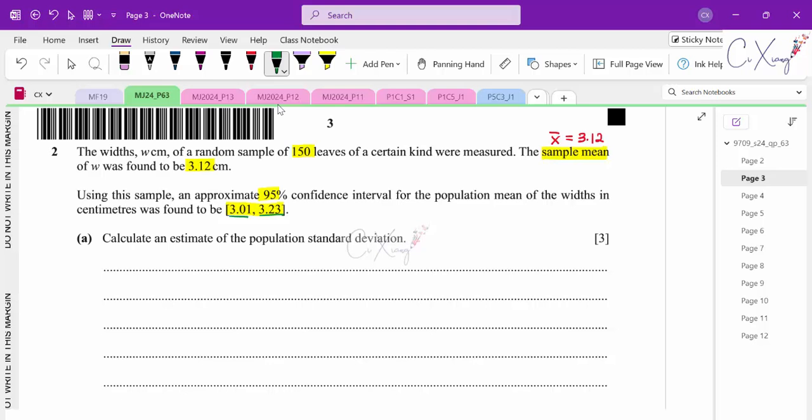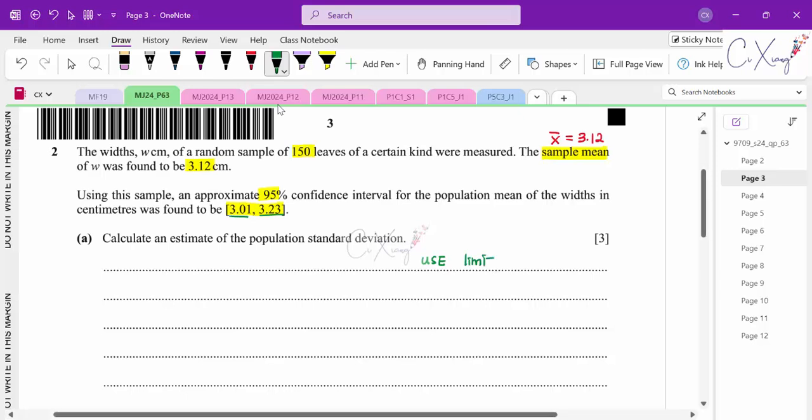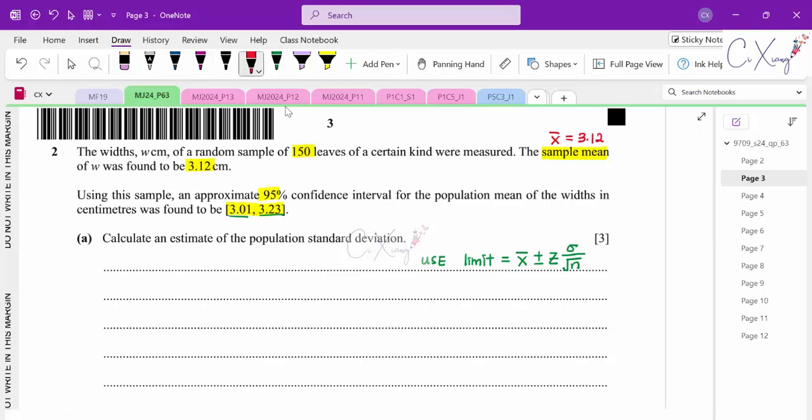Just to recall, what are the upper and lower limits for the confidence interval? Basically it is x bar plus or minus z times standard deviation over square root n. The plus one is the upper limit, the minus one is the lower limit. Now to apply it in this question, I will use the lower limit. If you want, you can use the upper limit. Both will give you the same answer.